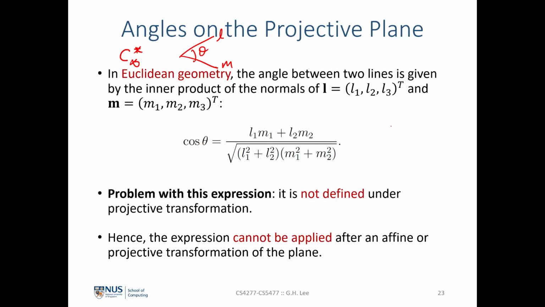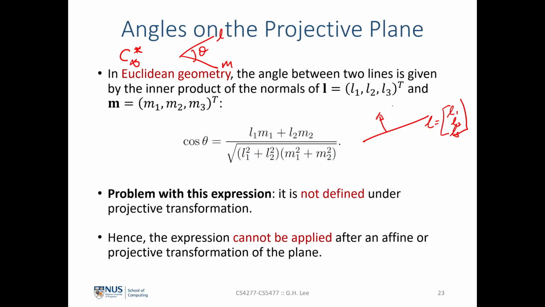We know that from lecture 1, I have shown that any line represented by, suppose L, a three-vector homogeneous coordinate L1, L2, and L3, has a normal vector given by the first two entries of the line in homogeneous coordinates.